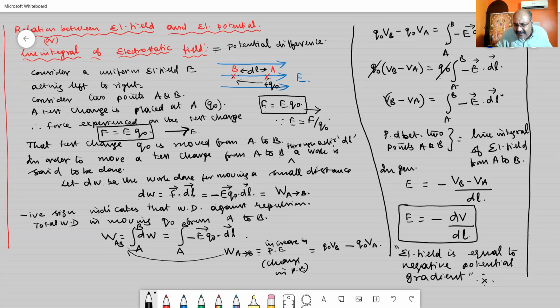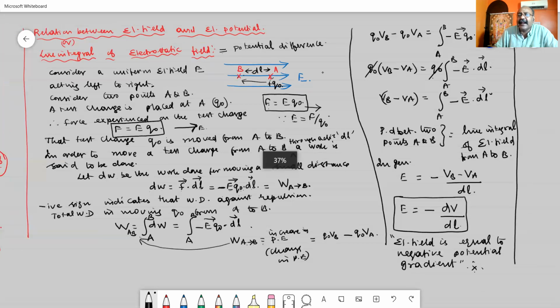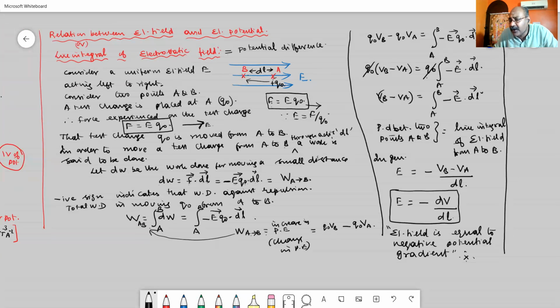Now take this value and substitute it in the left hand side of the previous equation. I get Q naught into VB minus Q naught into VA equal to the integral of Q naught E dot dl.